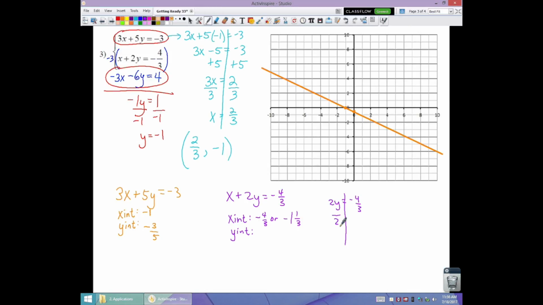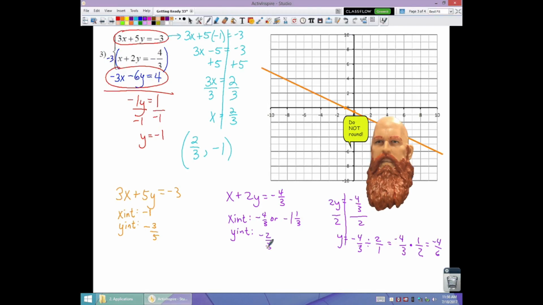When I divide both sides by 2, this is really negative 4/3 divided by 2 over 1, which means I really do negative 4/3 times 1/2. So negative 4/6. That reduces to negative 2/3. Once again, do not round. So my two intercepts, x-intercept, negative 1 1/3. Y-intercept, negative 2/3.